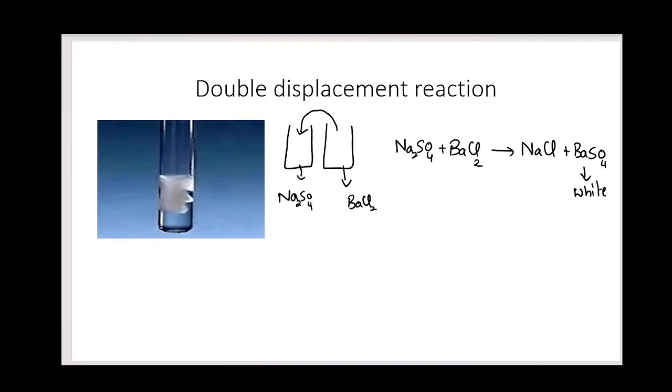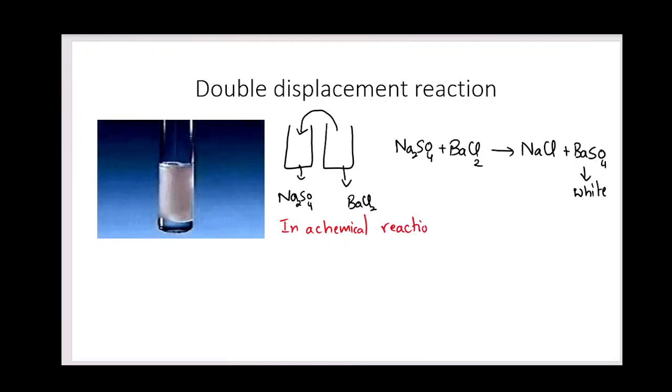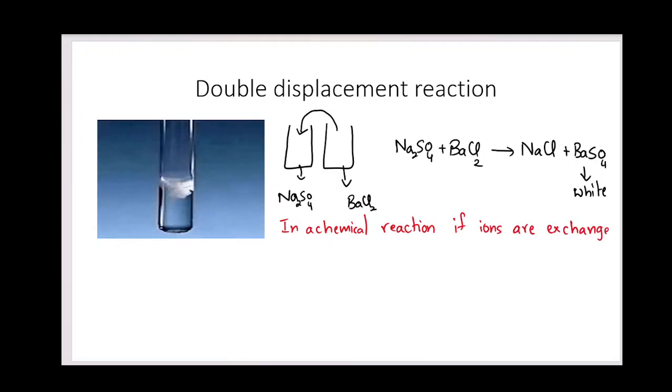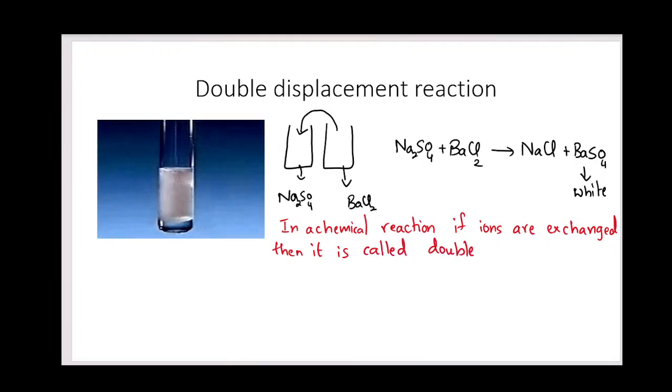First I'll write the definition of double displacement reaction. In a chemical reaction, if ions are exchanged, then it is called double displacement reaction.